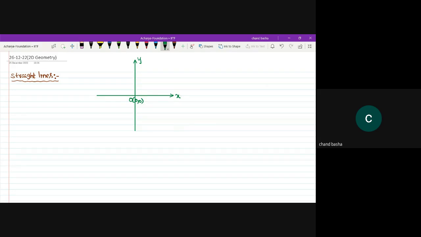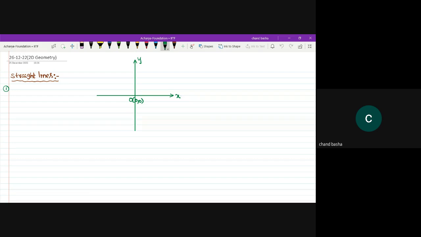Suppose you are moving on x-axis, either left or right. Let us observe carefully, guys. First point, on x-axis, what is the value of y? Suppose I'm moving on the right side of your horizon, x is increasing.